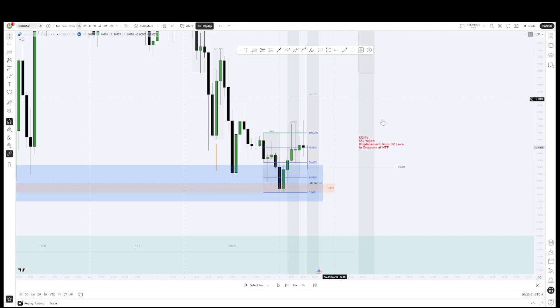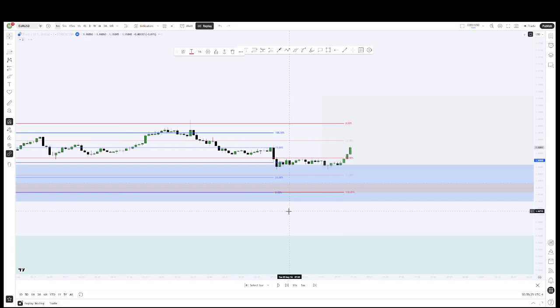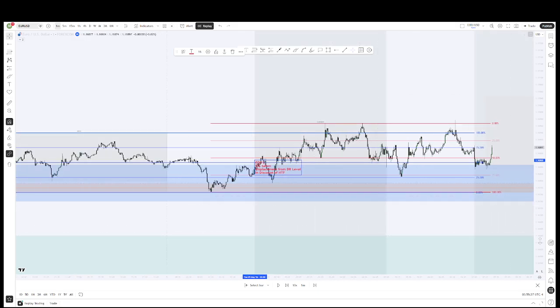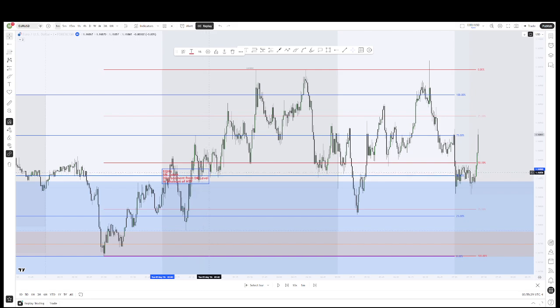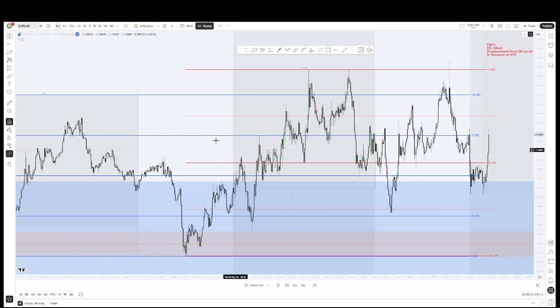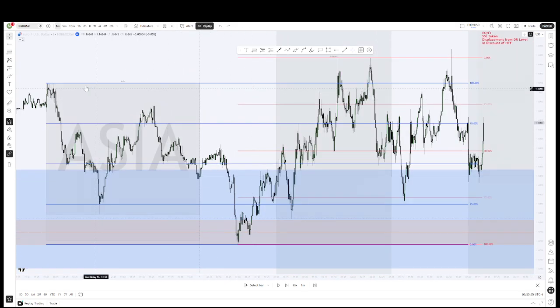So let's now go back to the 1 minute. There we are. Let's move this out of the way. So blue is the dealing range from Asia high to the lowest point of the day.